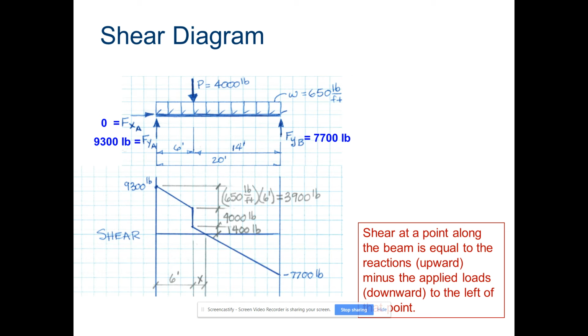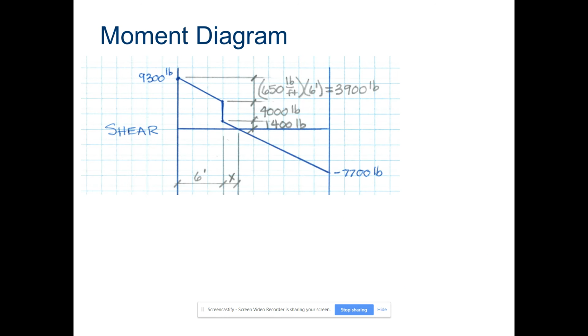In our moment diagram, there's going to be a kink. That kink is right there because we have a continuous load and a concentrated load that meet right at the 6-foot point. Now, it crosses the shear line X feet away from that 6 foot. We need to know what that X represents.